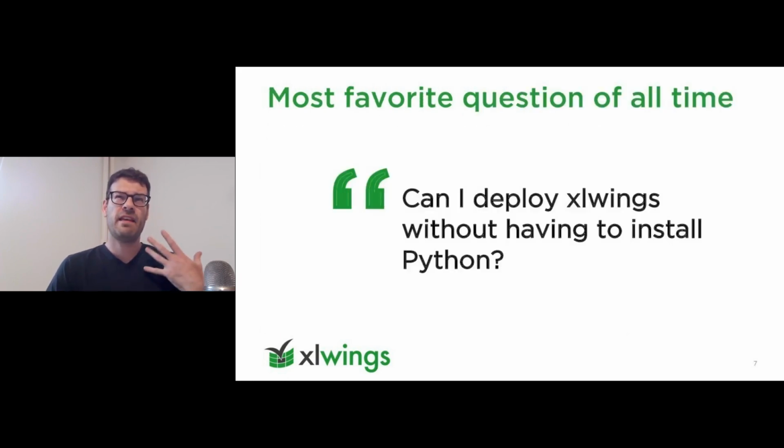So here is what we're going to talk about today. Whoever follows me on social media saw me posting this earlier on. By far the most prominent question I've got from day one with xlwings was always, can I deploy xlwings without having to install Python? And so far, the answer has always been no. You do absolutely need Python installed locally and also need a local installation of Excel.